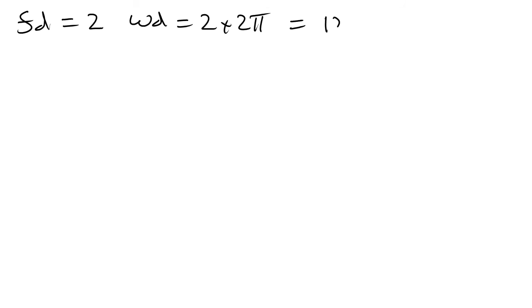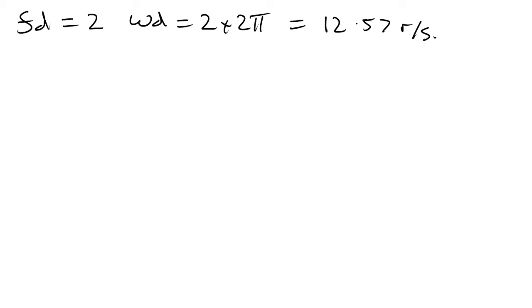All right, so our frequency in Hertz for our damped oscillation was 2. So our omega d is going to equal 2 times 2 pi, which gives me 12.57 radians per second.